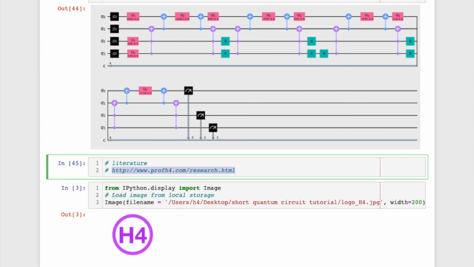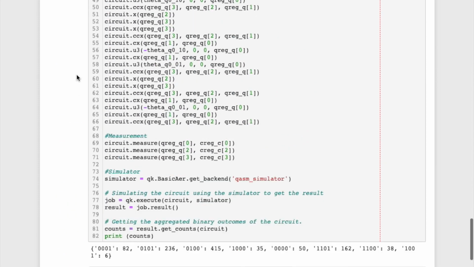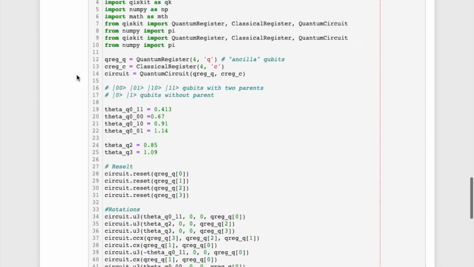It's faster and, computational wise, more efficient. It grows for just a few qubits.